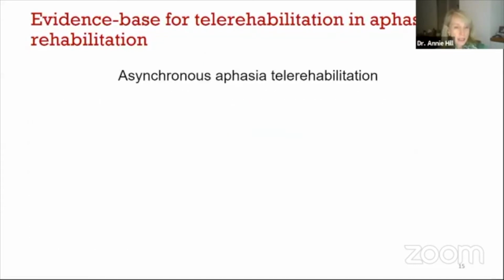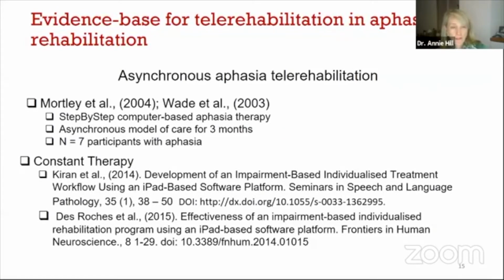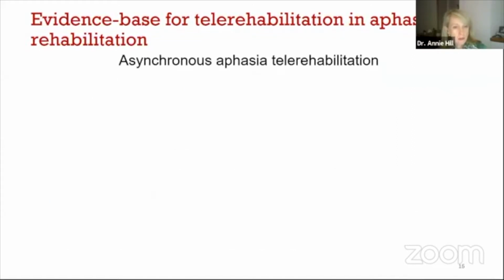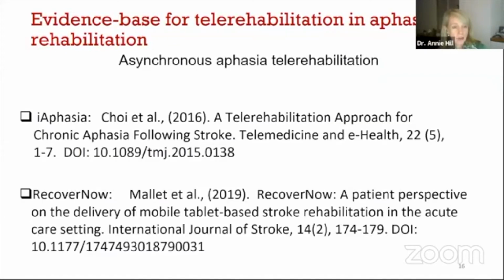In terms of the async aphasia telework, there's been a number of other groups who have developed various systems, some of which connect back to the clinician, and that work has been done over the last 15 years or so.